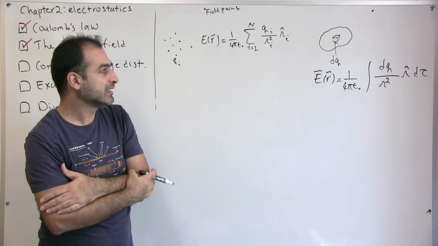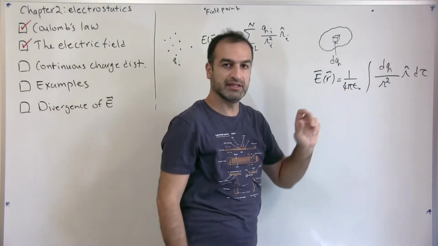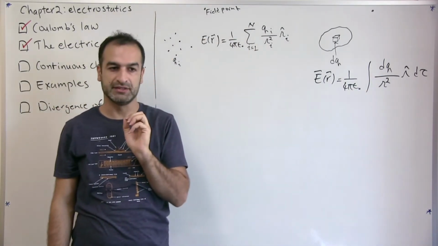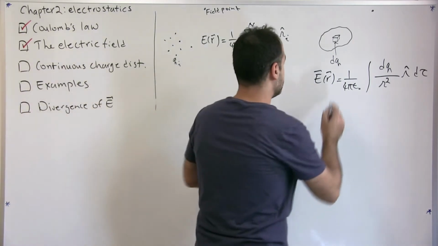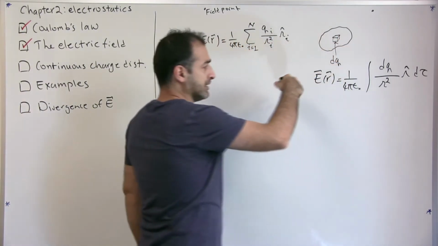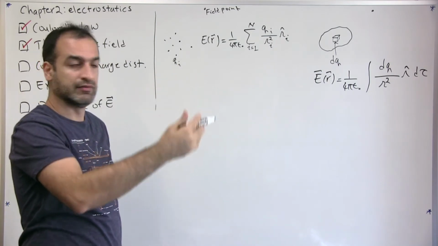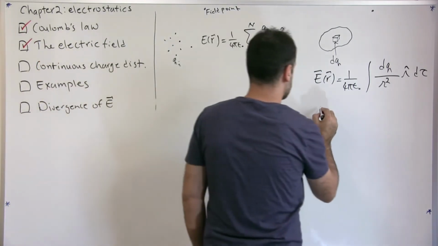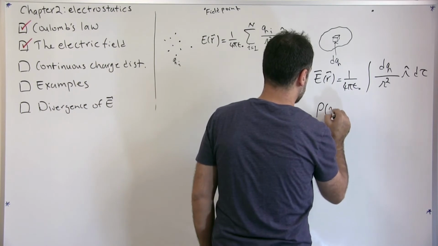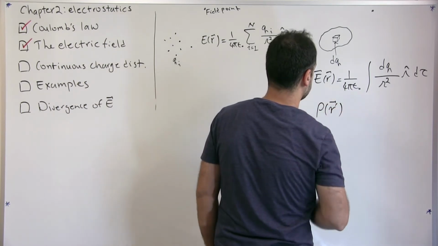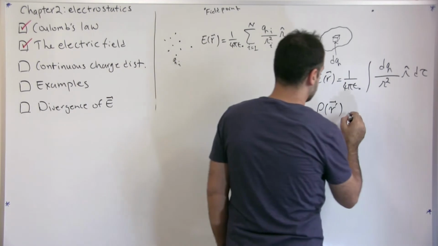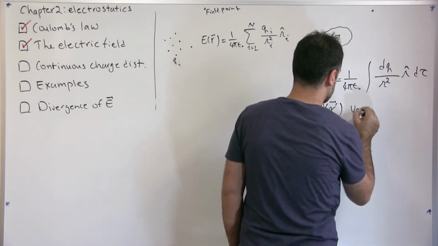And another way of formulating dq is using the volume charge density, okay? Imagine we have this volume and the charge density may be constant or maybe not constant over this volume, okay? So rho, I would say at the position R prime, okay? We can define this as the volume charge density.